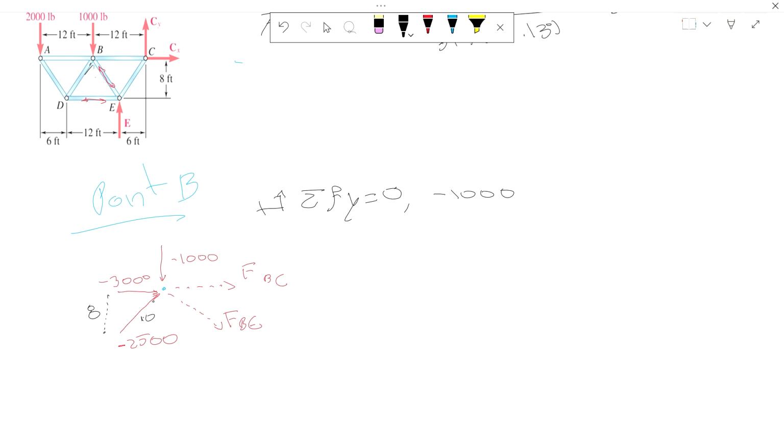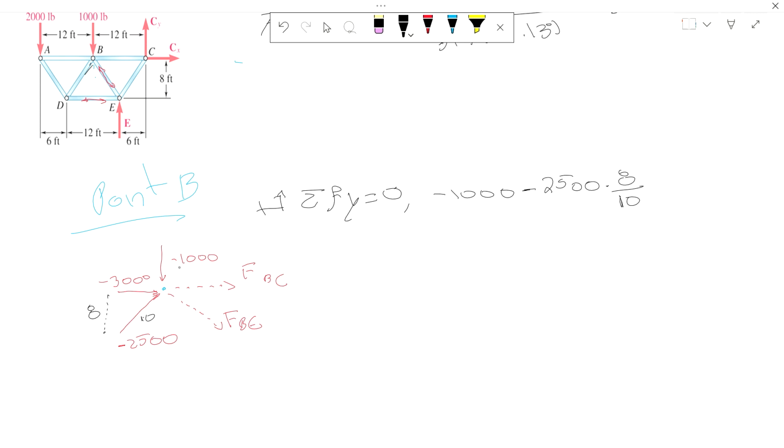Okay, so for Y will be minus 2,500 times 8 over 10, or sine of 53.13.